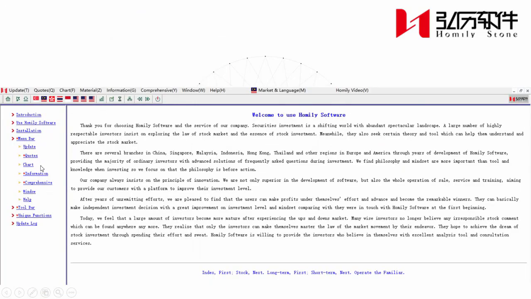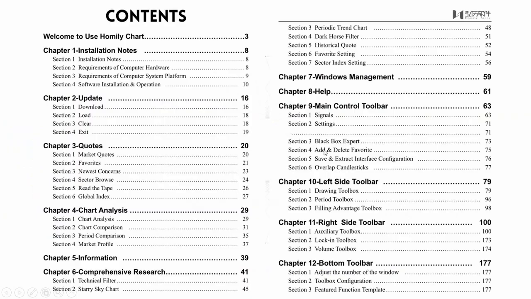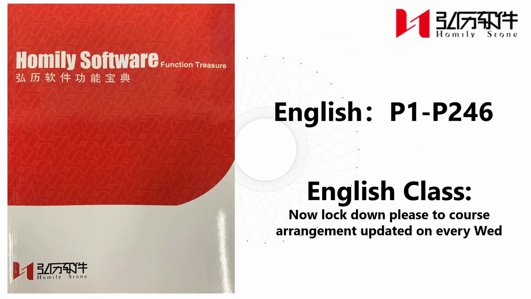For every part we want to check, we just click and it will appear. Very easy and very convenient. In this user guide, how to install, how to use every button, every icon, and what they mean are all here. We just go to the corresponding page and click to view all. This is the user guide.